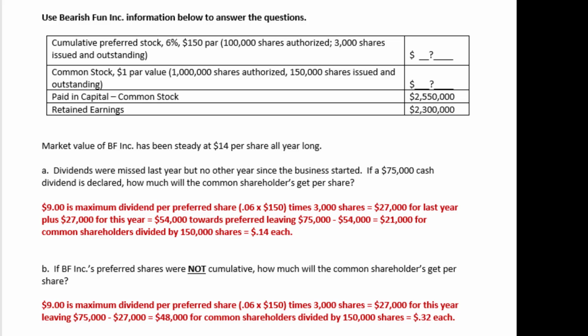So the $27,000 is still the number we need. It's just we're not going to do it twice, just for the current year. So then we would take the total dividend declared, the $75,000, subtract that amount due to the preferred shareholders. Now their rights are satisfied, and the rest, the $48,000, can go to common shareholders. And we would spread that across all the outstanding shares, and they would each get 32 cents.